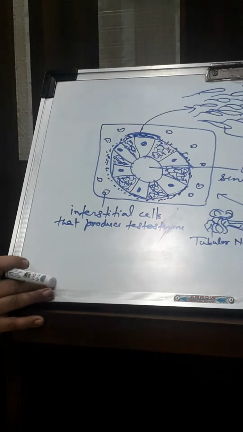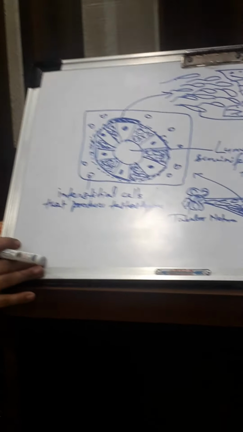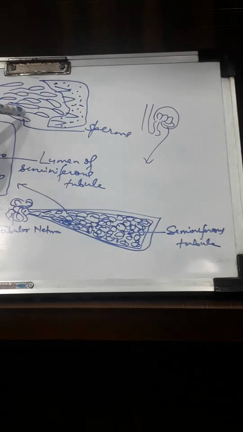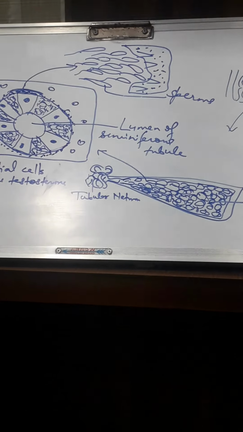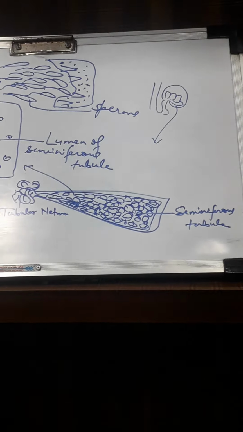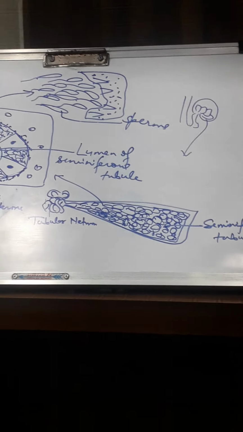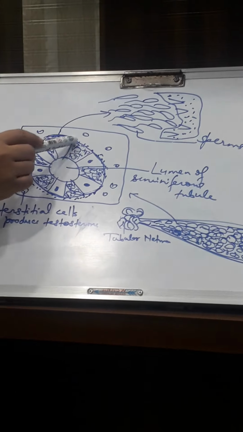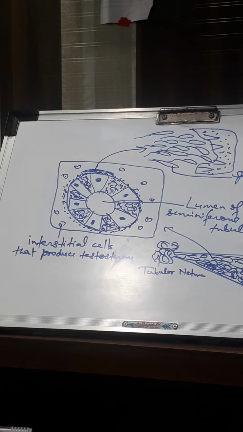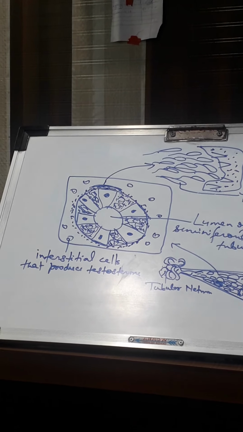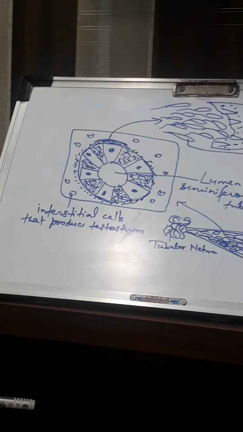Along the outer wall of these tubules are specialized cells called spermatogonia. Surrounding the spermatogonia and the developing sperm are large cells called the Sertoli cells.